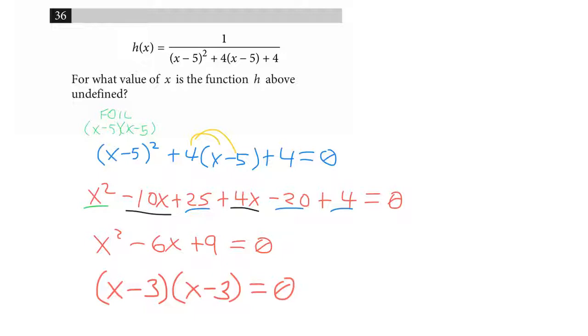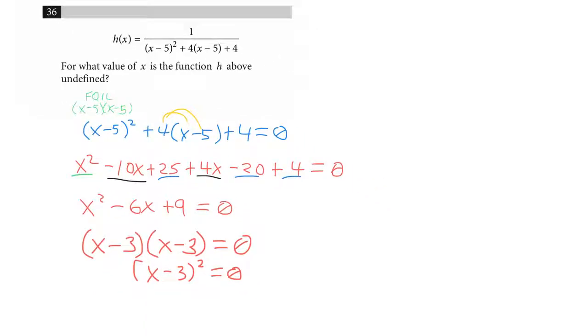And as many people know, the bottom line is this is really just x minus 3 squared equals 0. There are multiple ways of doing this one. I think most students probably already know that the answer is 3, but one way of going about it is you could take the square root of both sides.